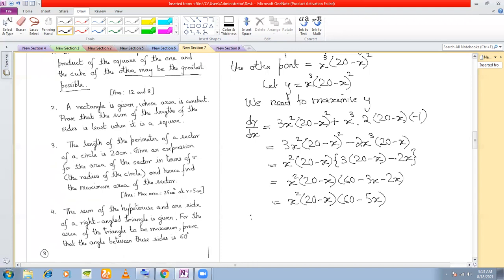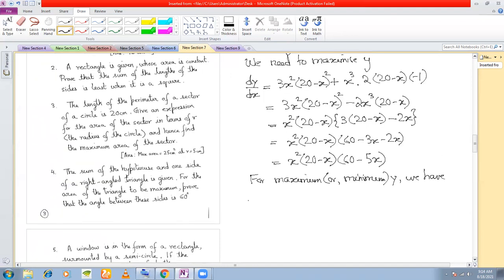Okay, now for maximum or minimum y, the first derivative must vanish.